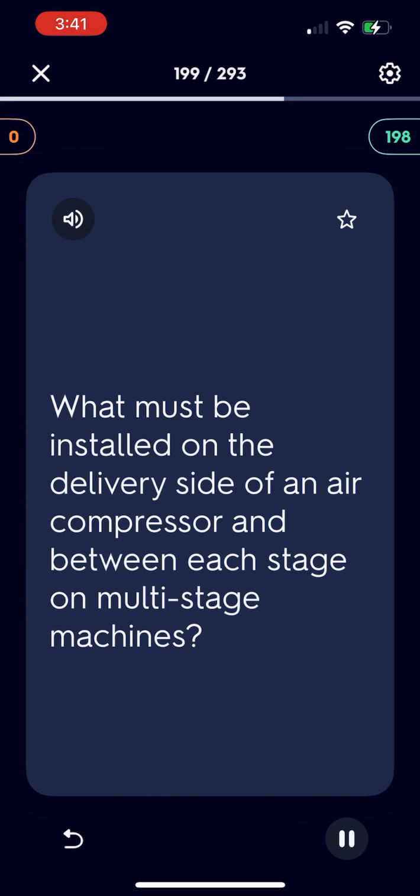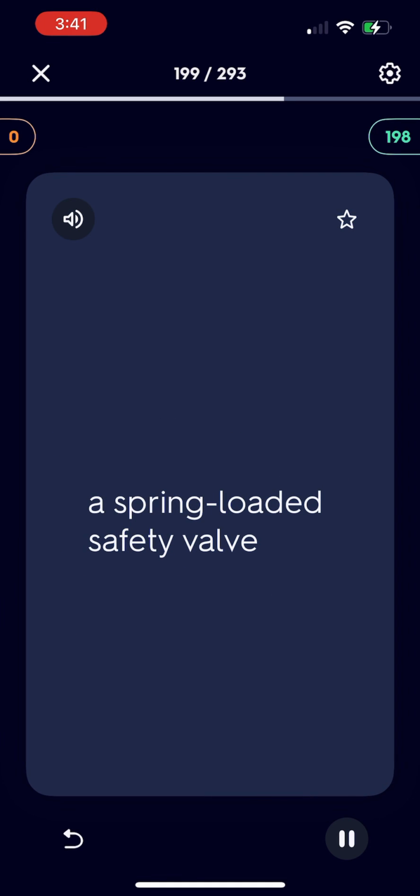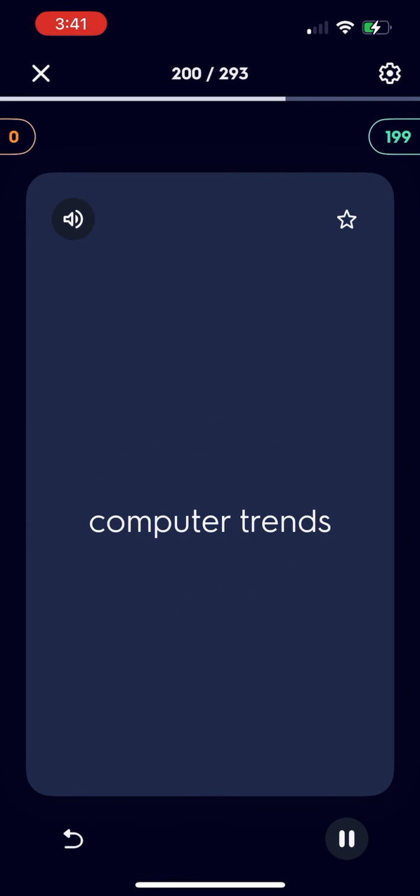What must be installed on the delivery side of an air compressor, and between each stage on multi-stage machines? A spring-loaded safety valve. What is an effective way of monitoring and tracking temperature increases in air temperatures after intercoolers? Computer trends.